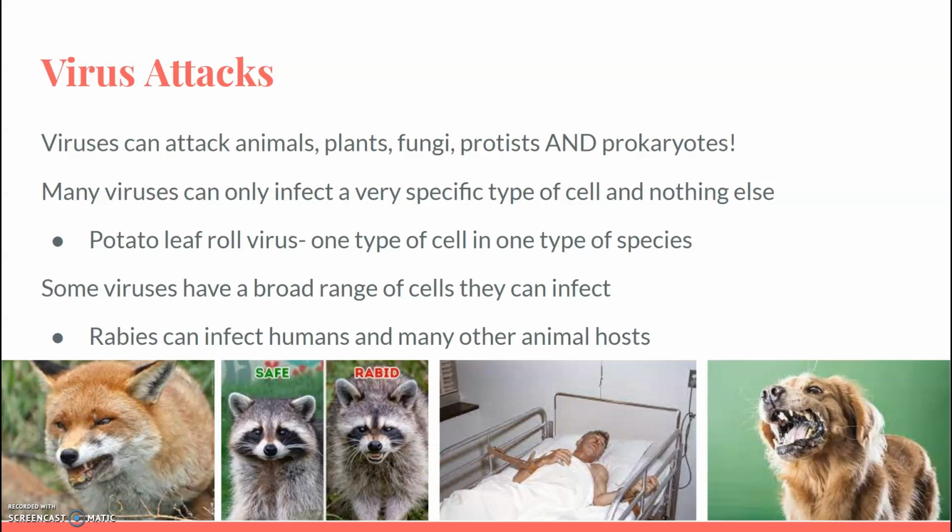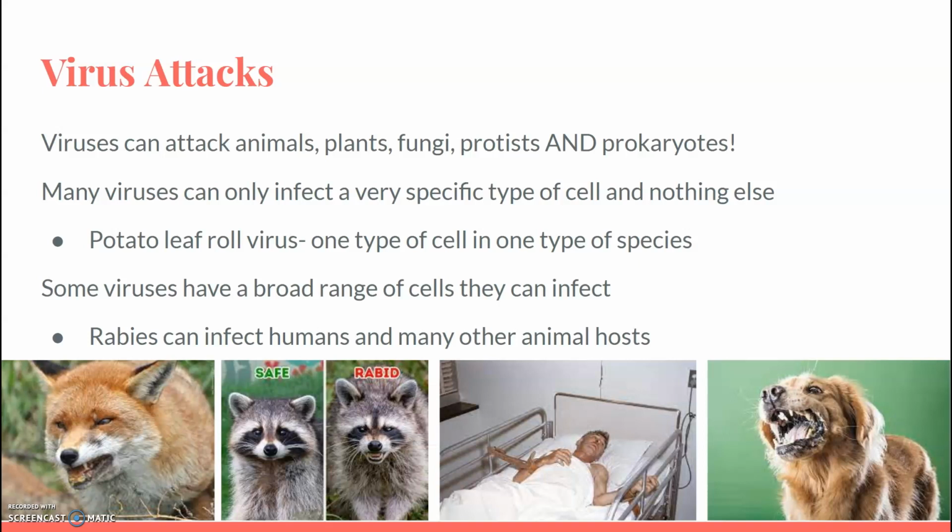So viruses can attack animals, which is what we typically focus on. But there's also viruses that could attack plants and different types of fungi and protists, and even prokaryotes like bacteria. Many viruses can only affect a very specific type of cell and nothing else.